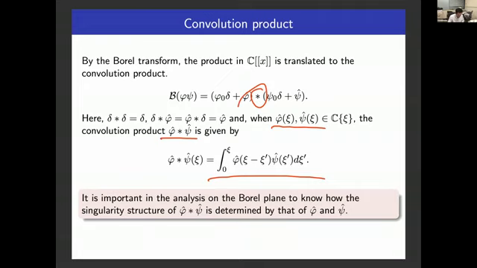As I said, the product in C[[x]] is translated to convolution products. So it is important in the analysis on the Borel plane to know how the singularity structure of phi-hat star psi-hat is determined by that of phi-hat and psi-hat. It is very important when we discuss nonlinear problems. So we want to consider this problem.